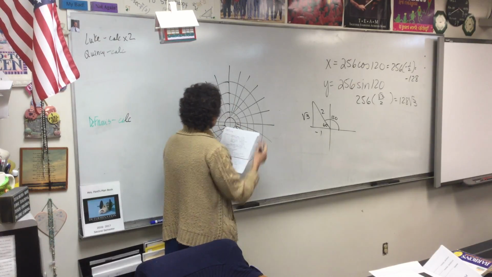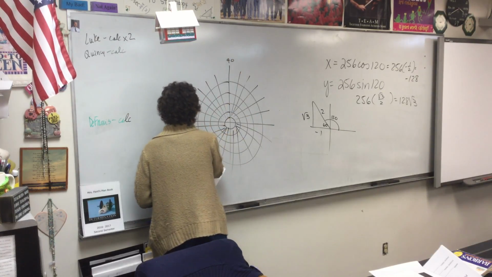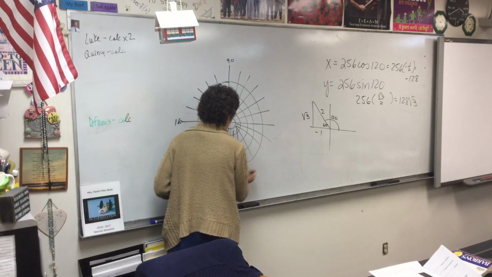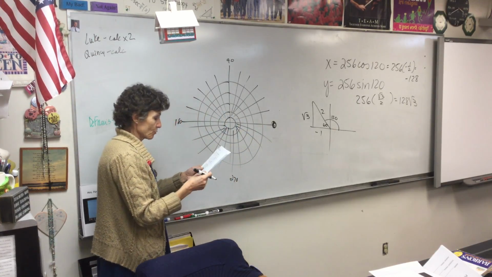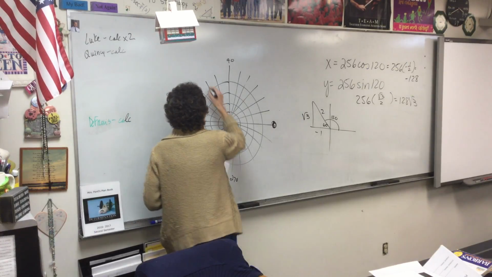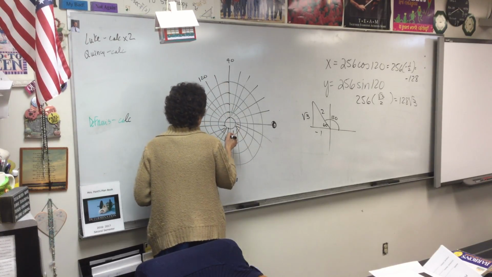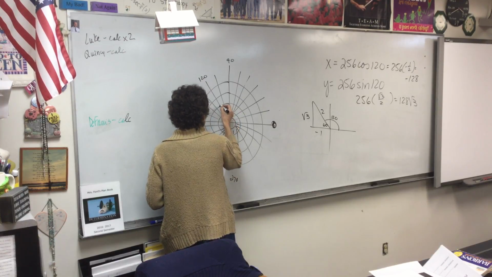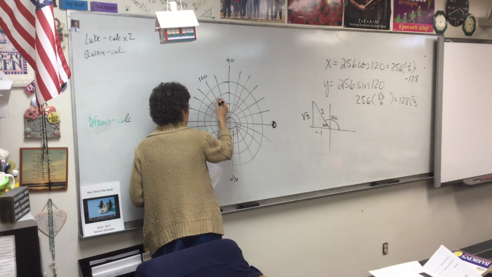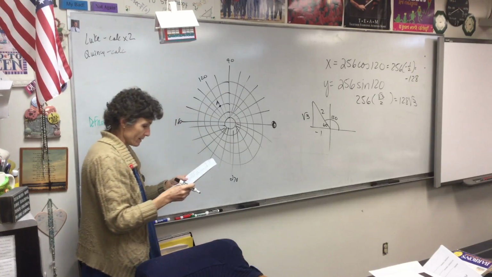Alright, so here we go. 3 comma 120. 3 comma 120 is on the 120 line, out 1, 2, 3. Everybody got it? So there's point A, 3 comma 120.